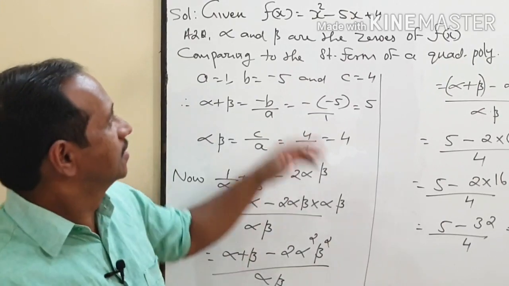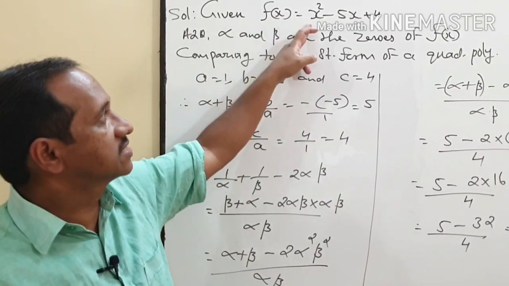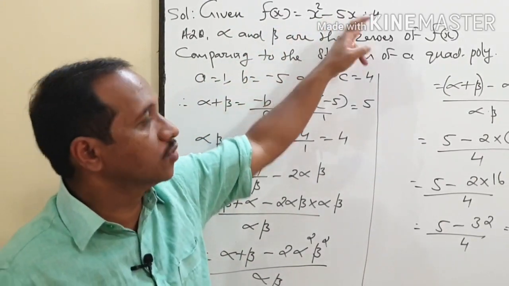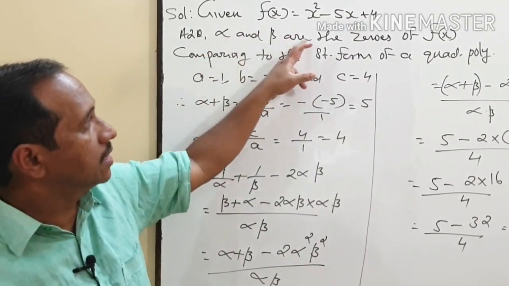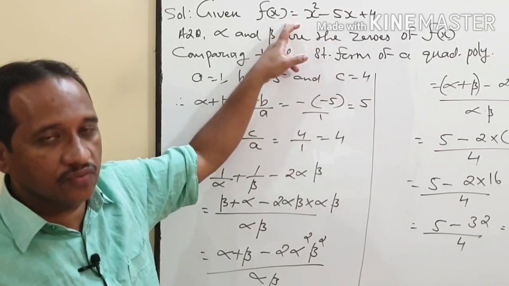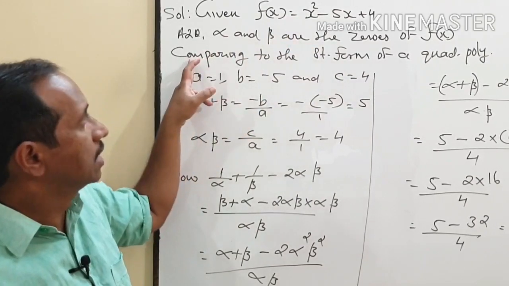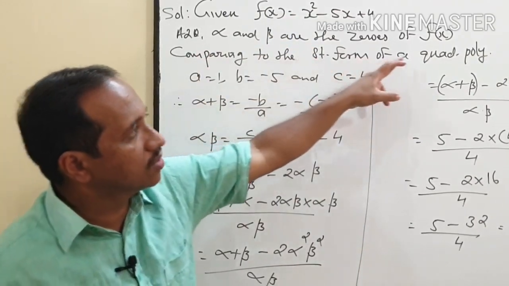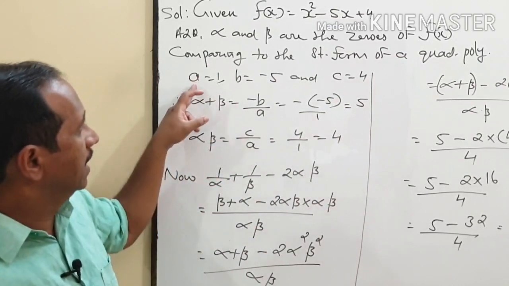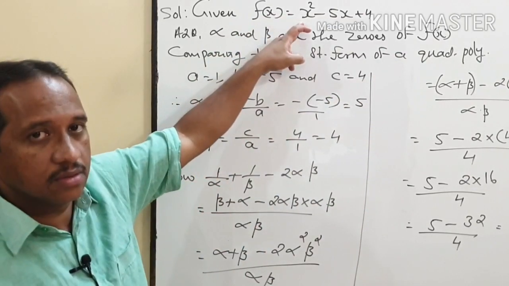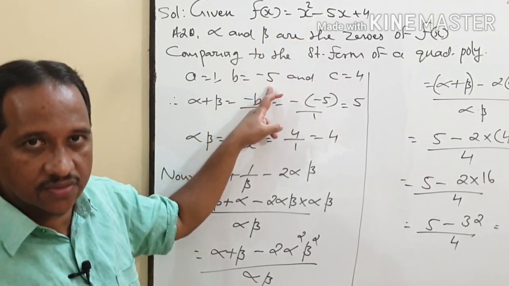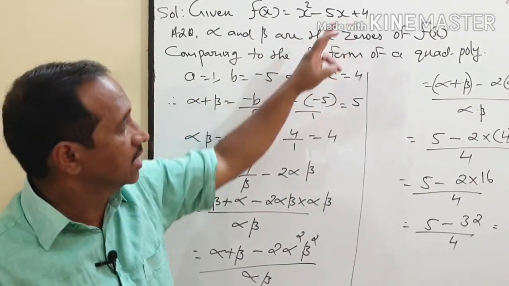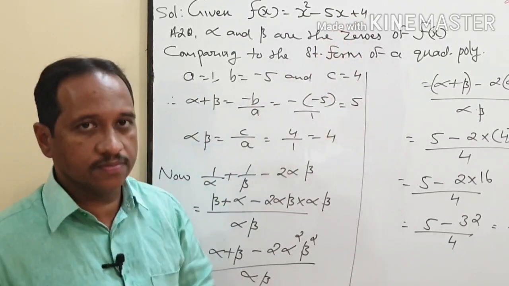Look at the solution. Given f(x) = x² - 5x + 4. According to the question, alpha and beta are the zeros of the polynomial f(x). Therefore, comparing to the standard form of the quadratic polynomial, a = 1, that is the coefficient of x², b = -5, that is the coefficient of x, and c = 4.